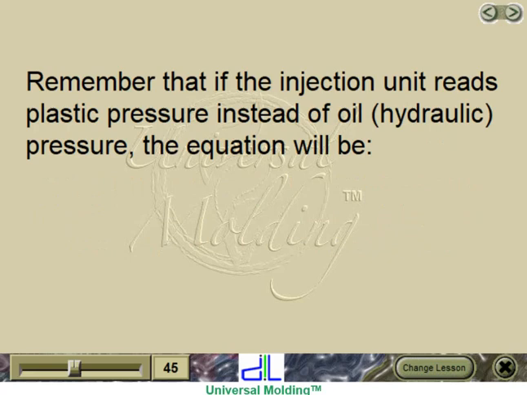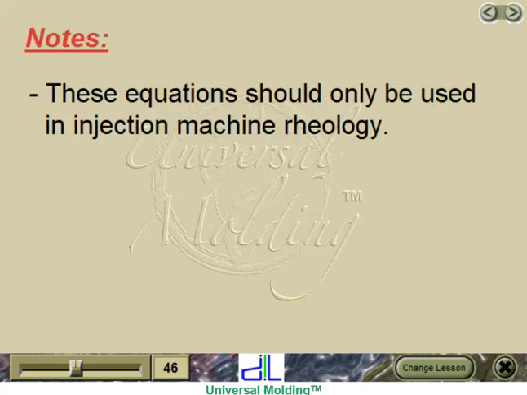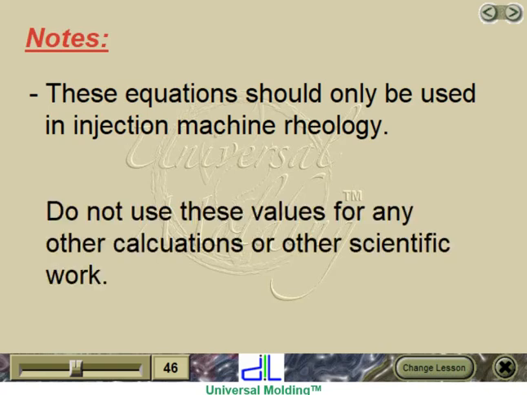Remember that if the injection unit reads plastic pressure instead of oil pressure, the equation will be relative viscosity is equal to plastic pressure times injection time. Notes: these equations should only be used in injection machine rheology. Do not use these values for any other calculations or other scientific work.